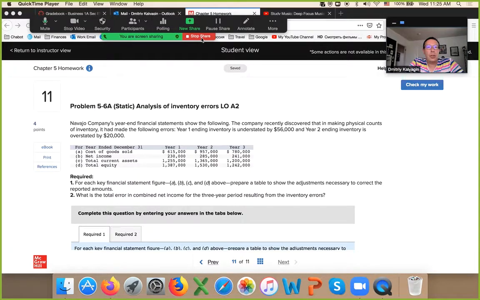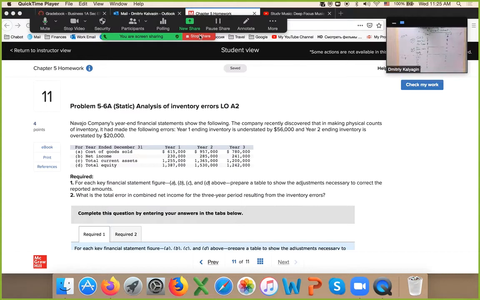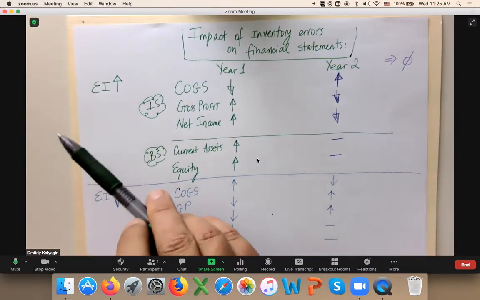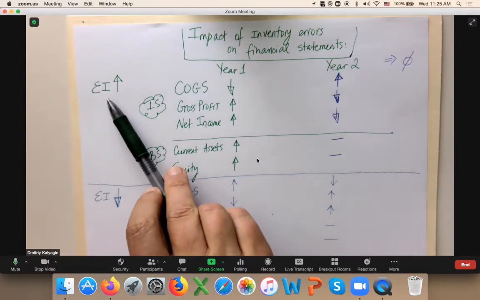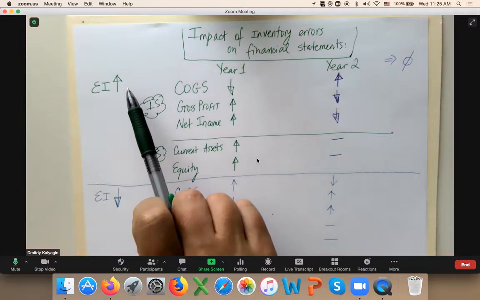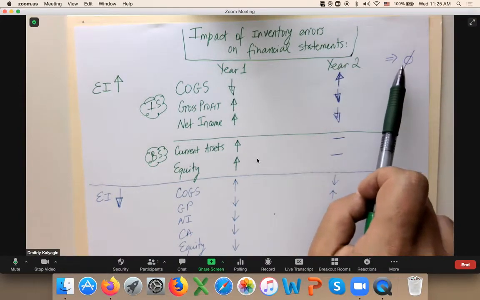I would like to, first of all, briefly remind you the rules. So here are the rules. If we make a mistake in the ending inventory by overstating it, then the mistake will continue for 2 years on the income statement, and then it will cancel out.